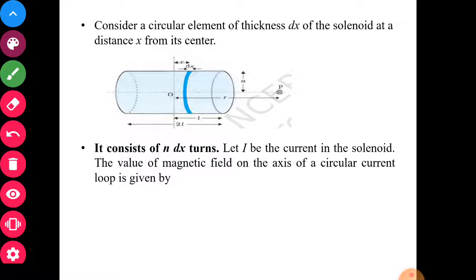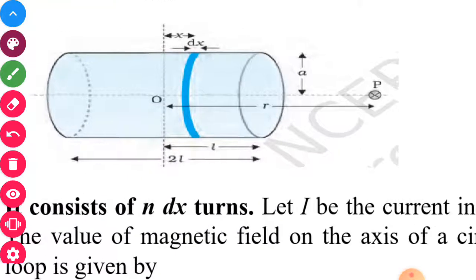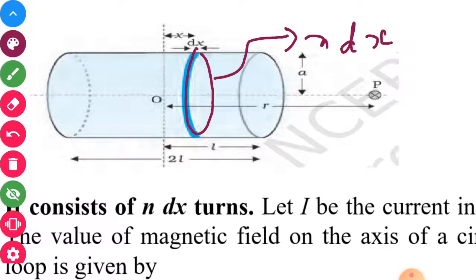Let I be the current in the solenoid, so the current through this particular section marked in dark blue is also I. Now we consider this small current loop. Try to understand, we are now taking this as a current loop of n dx turns.